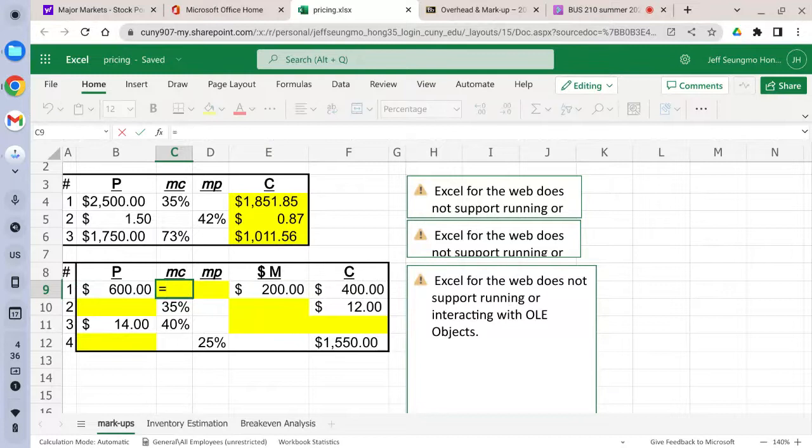Now then, what is that dollar markup based on cost and based on selling price? Of course, it's this divided by cost, right? That should be 50%. Of course, a $200 markup is 50% of cost. And then for markup rate based on selling price, that $200 is almost 33.33%.